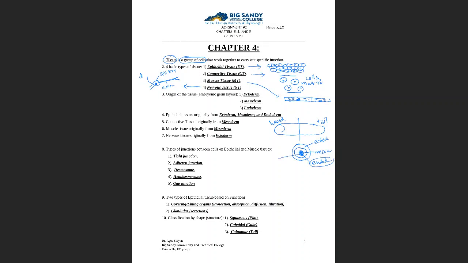For example, esophagus, stomach, intestine, they're all made from endoderm. Okay, the inside layer. And then the outside layer over here is the one that make the skin. Okay, organ is called the skin. So this is the endoderm make the GI tract organs.